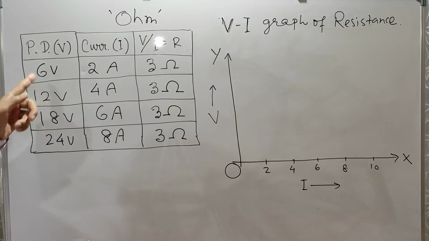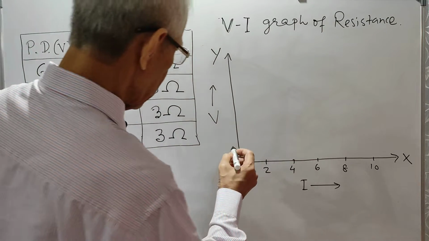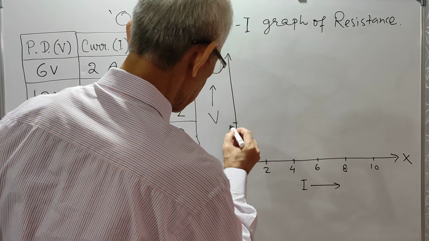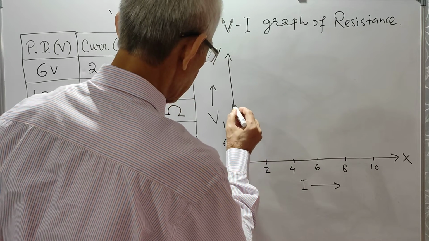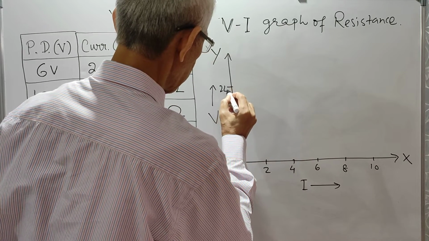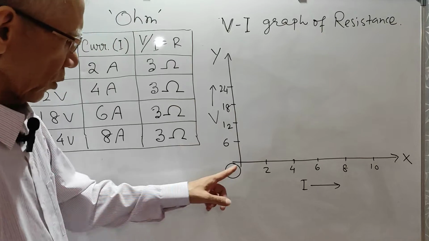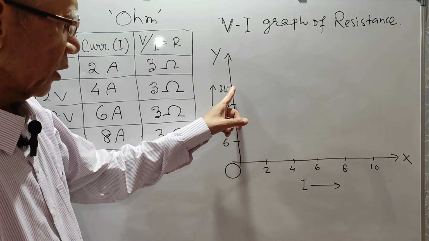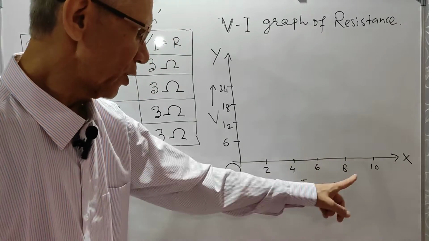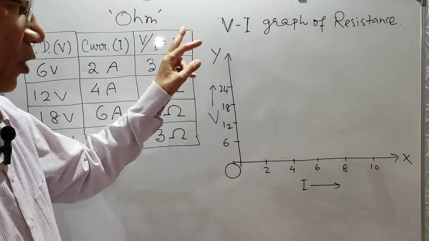Potential difference V. 6, 12, 18, 24. So suppose this is 6, this is 12, this is 18, this is 24. So here 0, 2, 4, 6, 8. All this is ampere and this is volt.